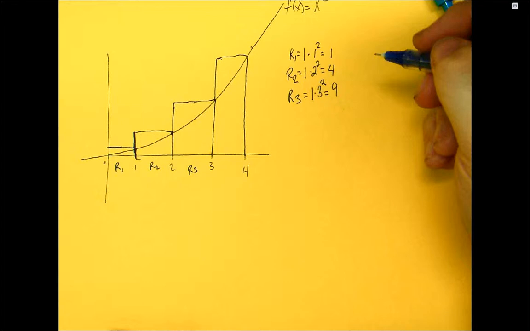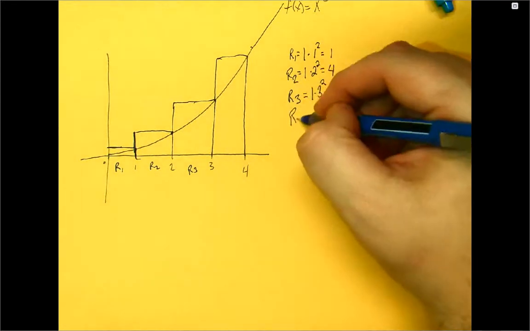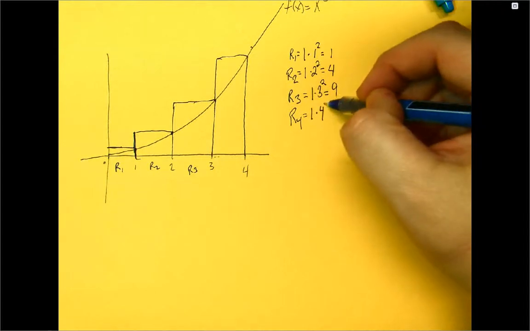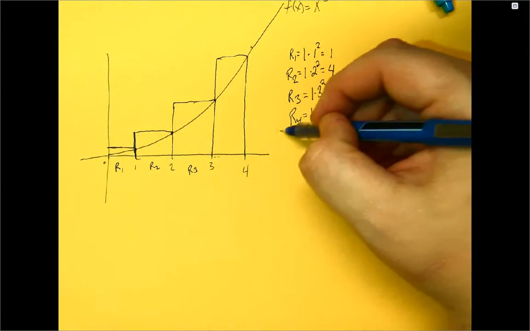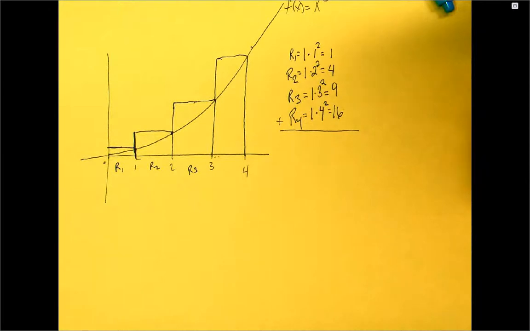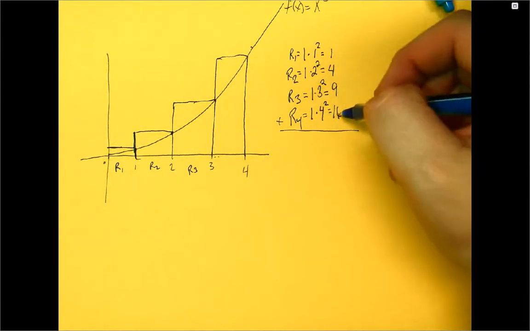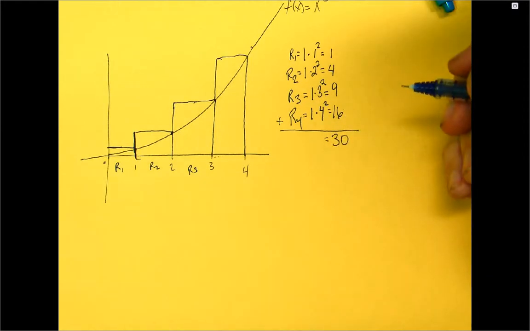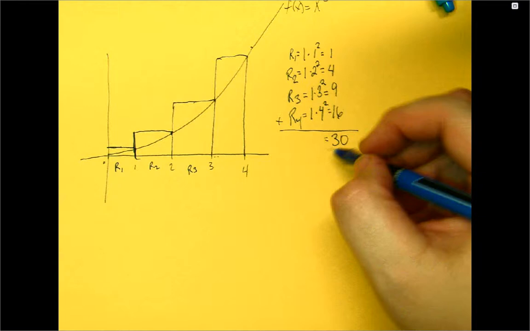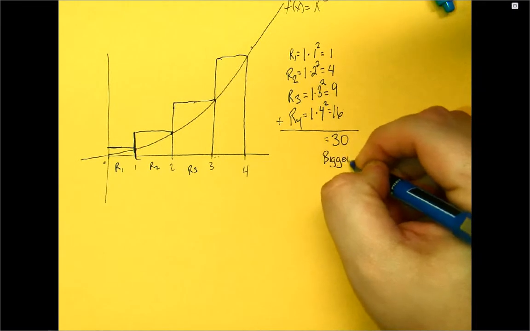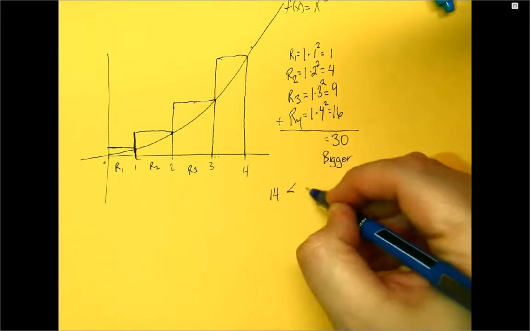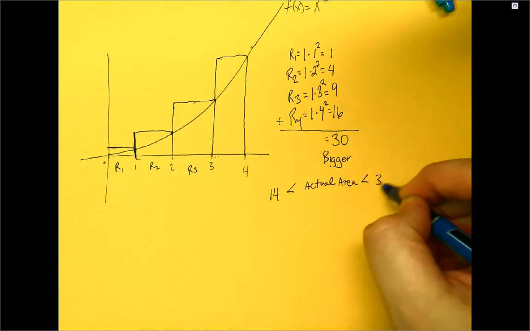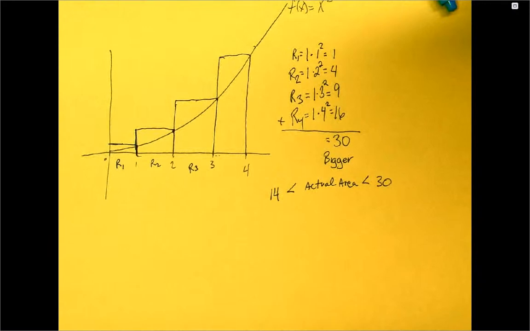And R sub 4, what's the width? That'll be times 4 squared, which is 16. So that's 1 plus 9 is 10, that's 26, that's 30. Is this bigger or smaller than the actual area? So now the area is somewhere between 14 and 30.